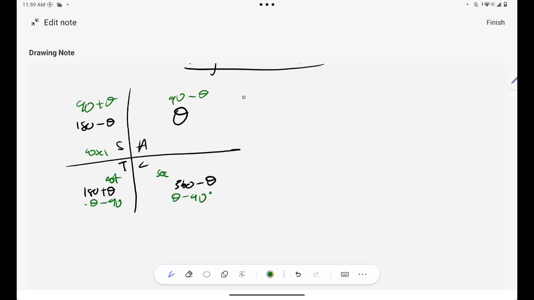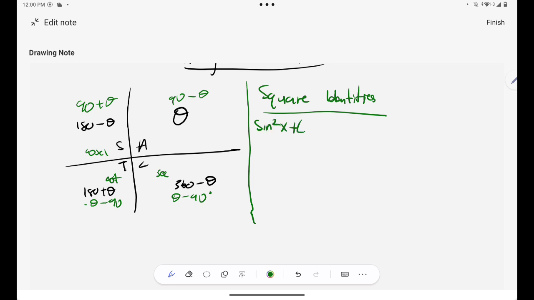And then we spoke about square identities, né? The square identities we have: sine squared theta plus cos squared theta is equal to 1.